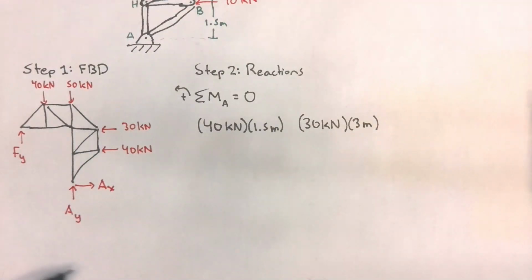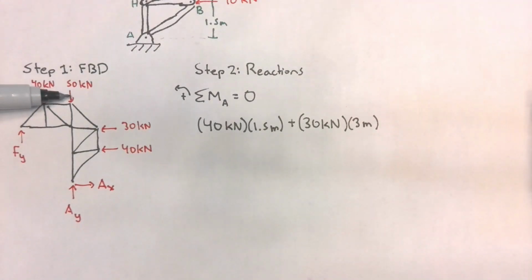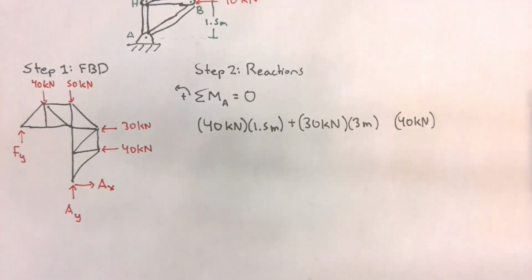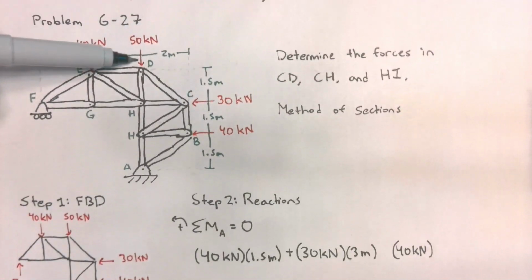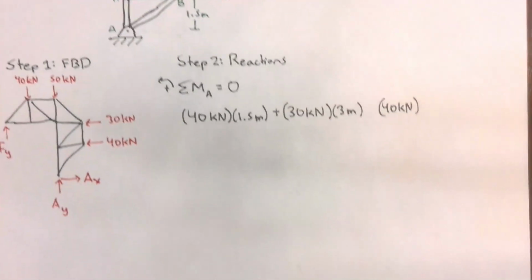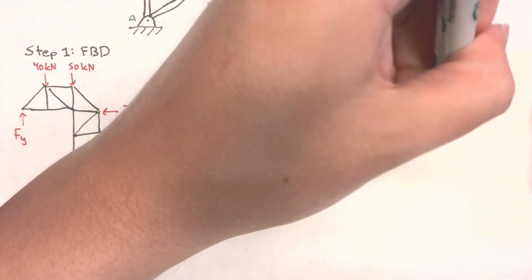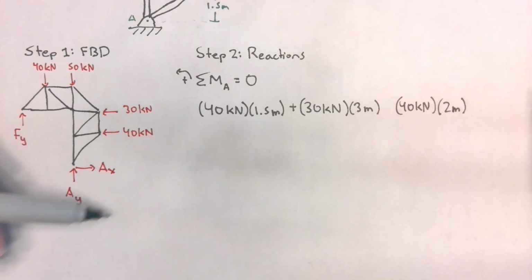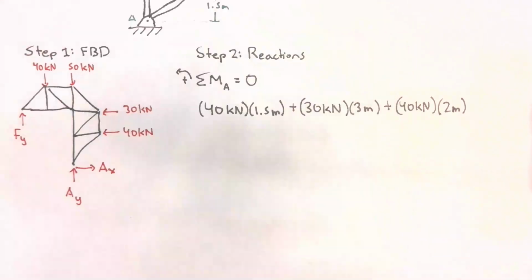Also counterclockwise rotation, so I'm going to make it a positive force. This 50 kilonewton force, if you draw the line of action of the force, is actually going to go straight through the hinge, so it doesn't cause a moment, so we ignore it. And we have a 40 kilonewton force that's acting at a distance of 2 meters from the hinge. Again, counterclockwise rotation, remember the steering wheel, so we have a positive value.